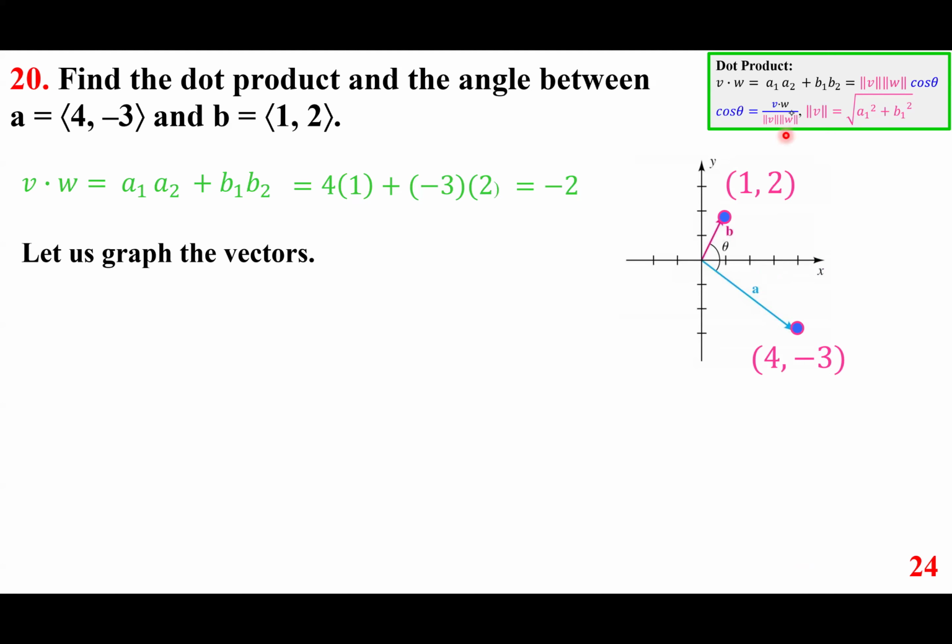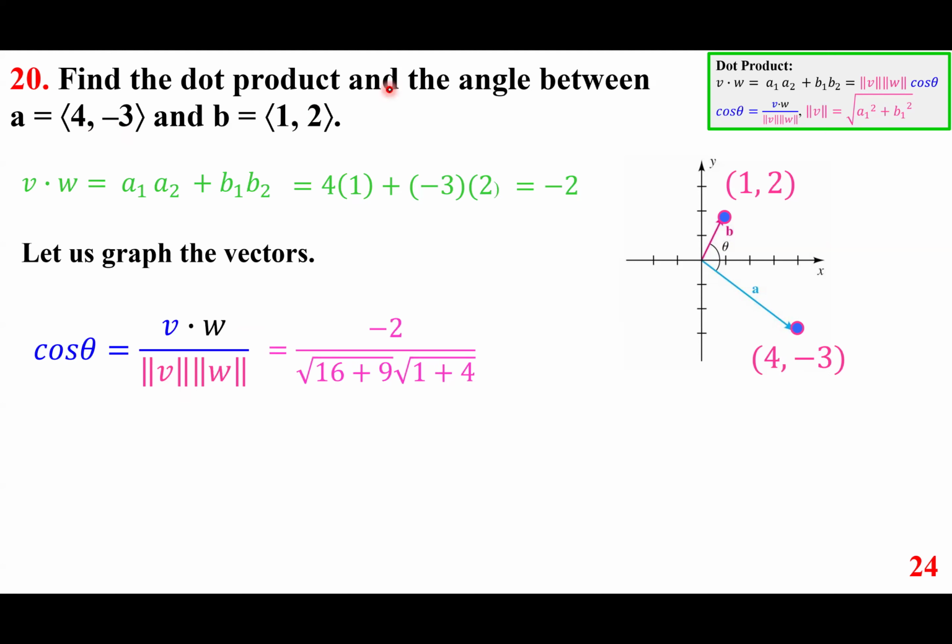Now, cosine is this. The magnitude of V, in this case the first one, is 4 squared and negative 3 squared, and this one is 1 squared and 2 squared, under the radical each one.